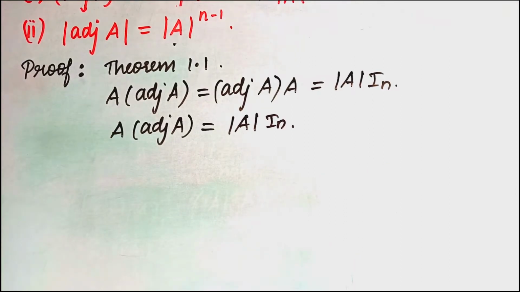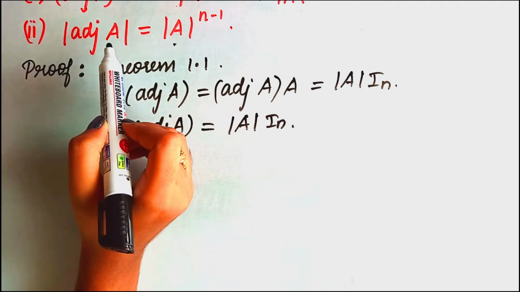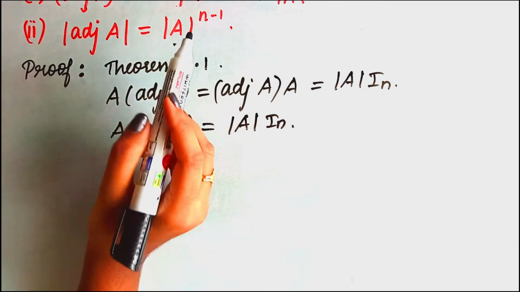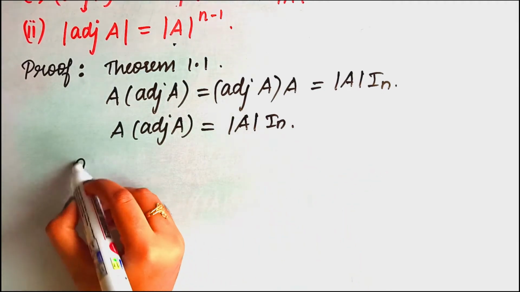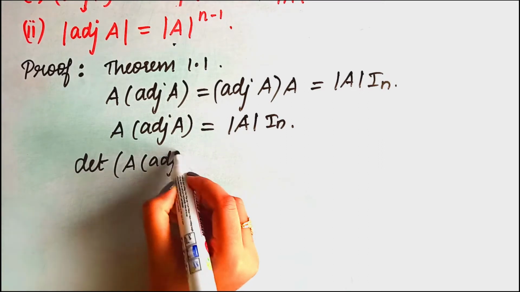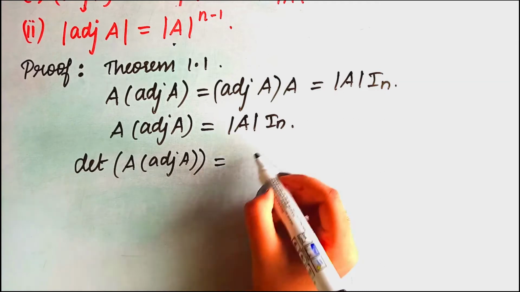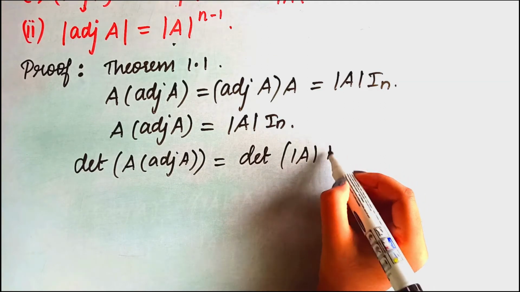And now in the question you can see that there is a determinant of adjoint of A, right? So for that you are going to take the determinant on both sides, so that you will get determinant of A into adjoint A is equal to determinant of A into In.